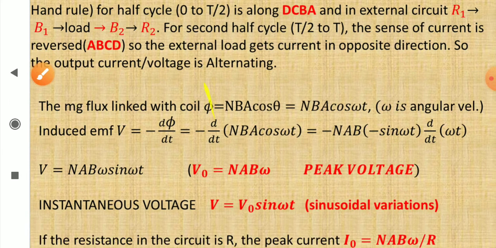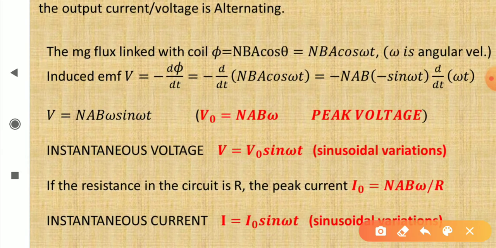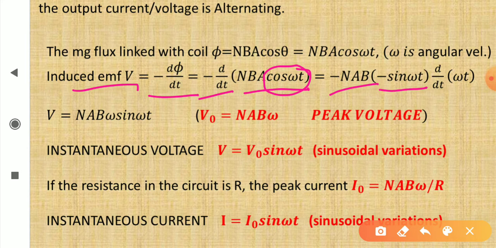And now the relation for induced EMF is minus d phi by dt, Faraday's law. Place the value of phi here: minus d by dt of NBA cos omega t, and take the constants outside, NBA comes out, and differentiation of cos omega t is minus sin omega t, and the omega t term is again differentiated with respect to time t.